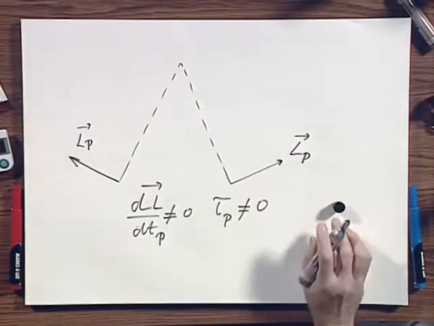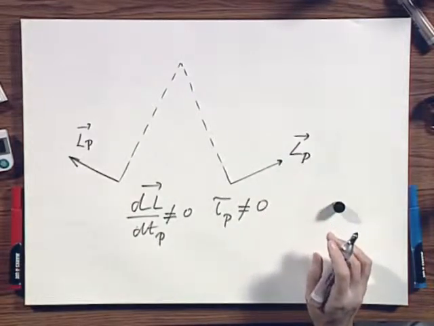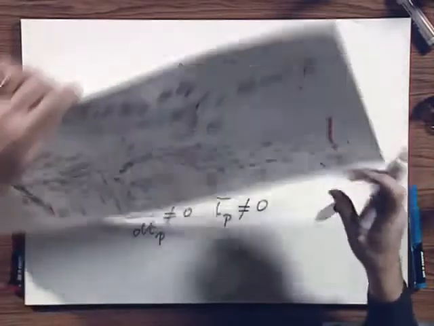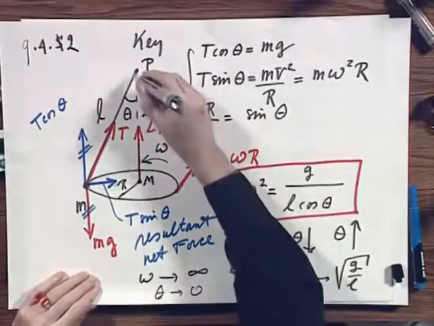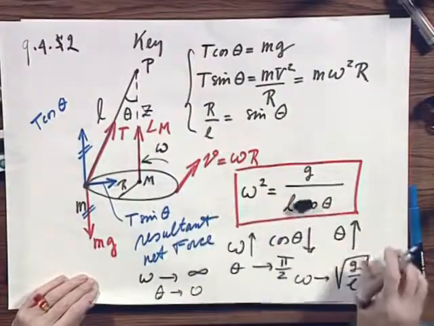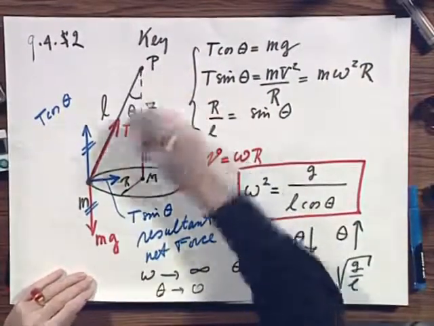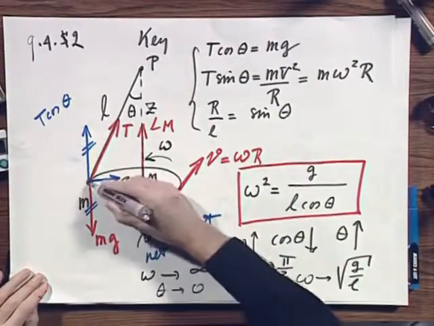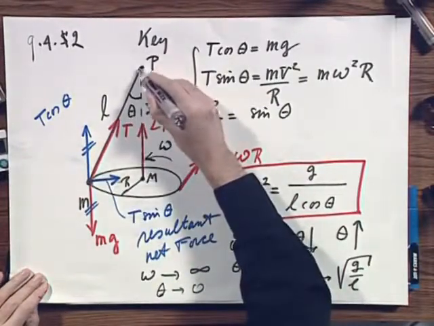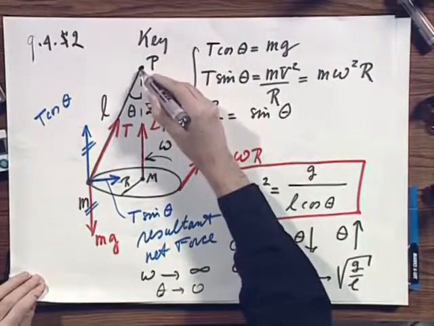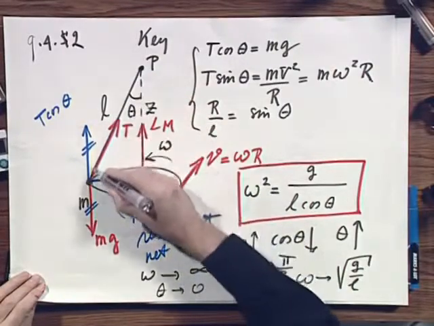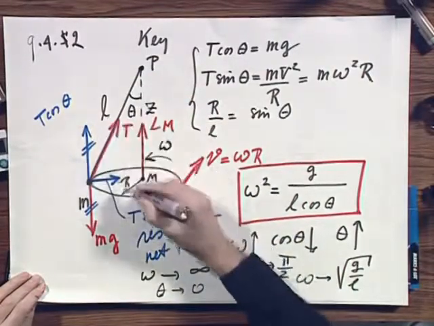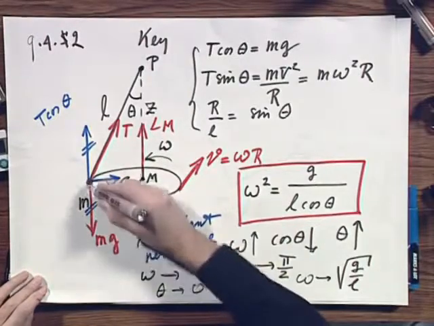And that torque, of course, is very easily found. If you look here at P, the torque relative to point P is R cross F. Well, the tension itself goes through point P, so it does not contribute to the torque. So it's simply this position vector R, which has a length L, cross product with mg.